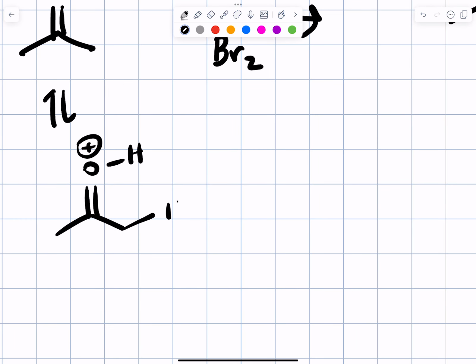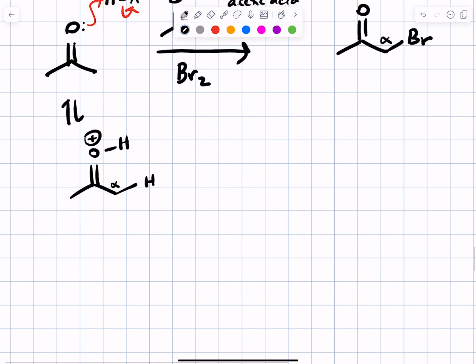Doing that makes the alpha carbon much more acidic. Normally the pKa of a proton alpha to a ketone is in the 20s. But in the same way that protonating a carbonyl makes the carbonyl carbon easier to attack and more electron poor, protonating the carbonyl oxygen also makes the alpha proton much more acidic.